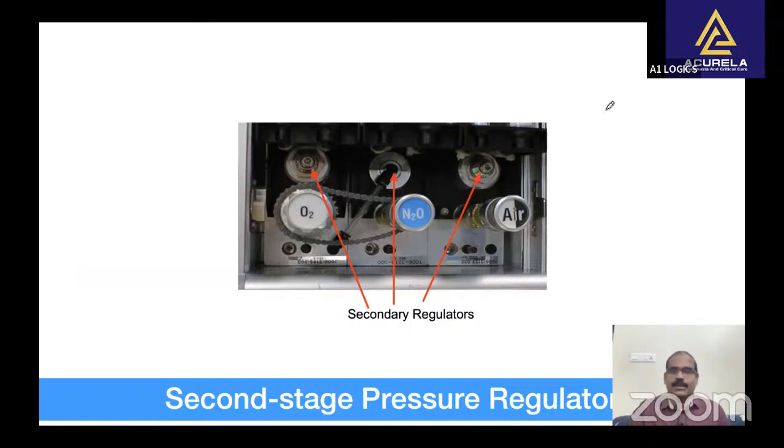The purpose of this pressure regulator is to eliminate fluctuations in pressure supplied to the flow indicators caused by fluctuations in pipeline pressure. By reducing the pressure below the normal fluctuation range, the flow will remain more constant. Not all anesthesia machines are equipped with this device, that you have to keep in mind.